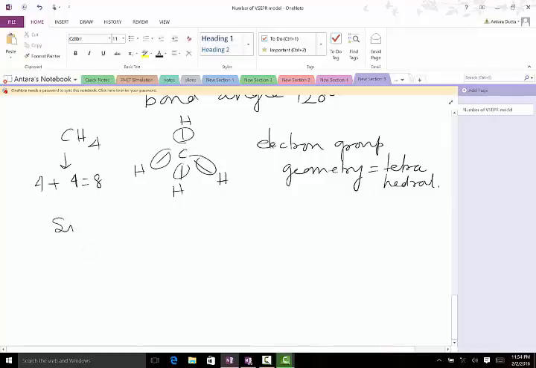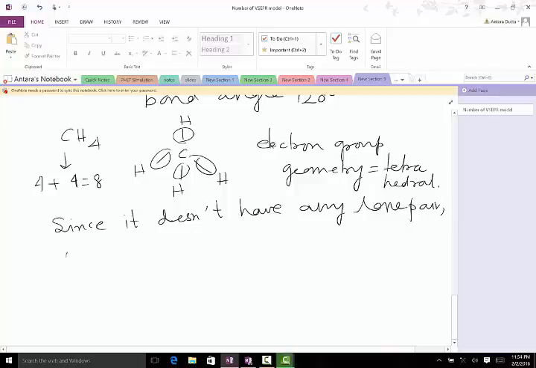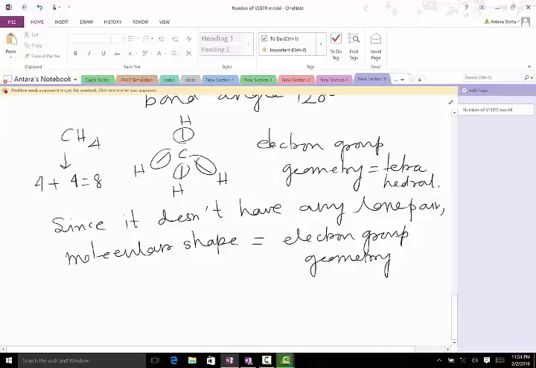Now since it doesn't have any lone pair, that means the molecular shape is equal to the electron group geometry. That means it is tetrahedral and the bond angle is 109 degrees.